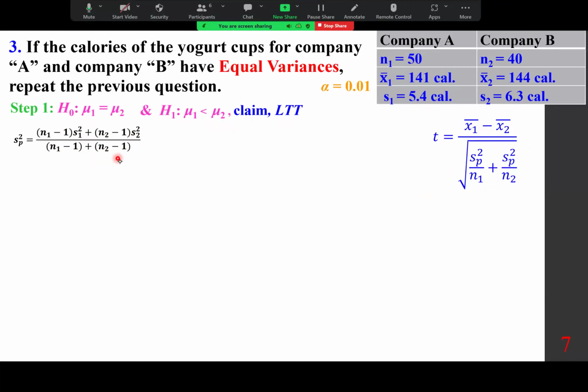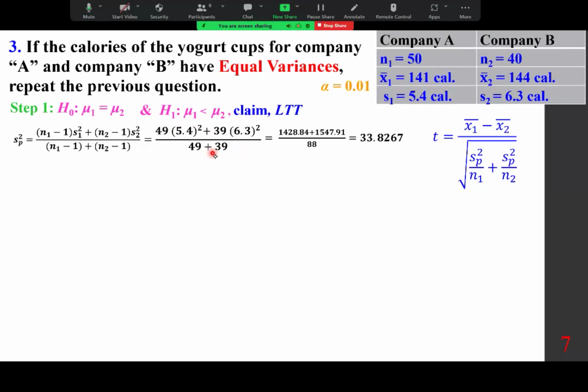And so we have all the information here, plug in and calculate S sub P squared. 49 times 5.4 squared plus 39 times 6.3 squared. Add these two numbers, and the result is 33.8267. Remember, we want S sub P squared. You don't have to take a root. We just use that number for both cases.